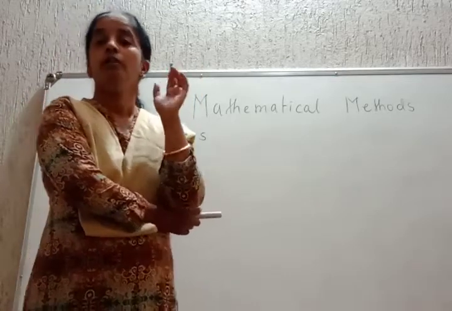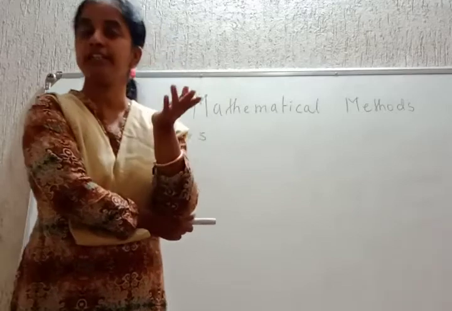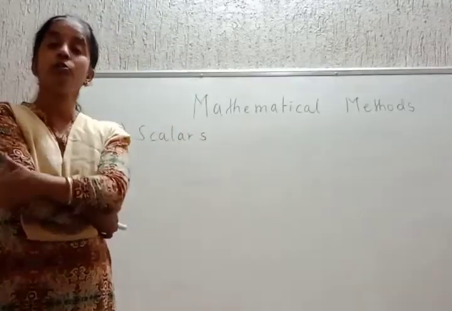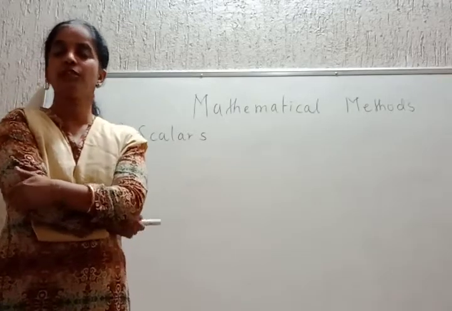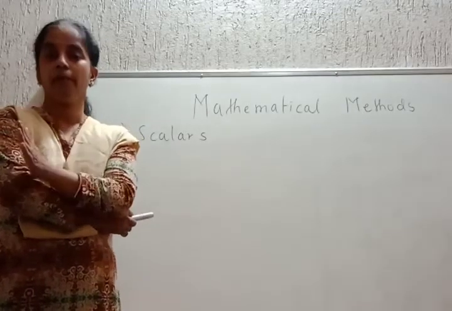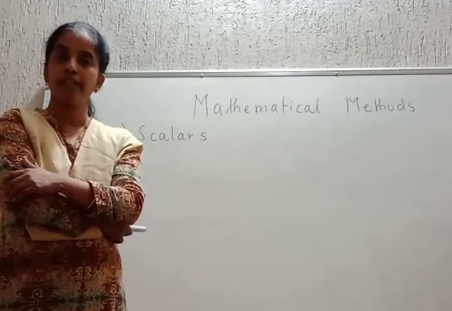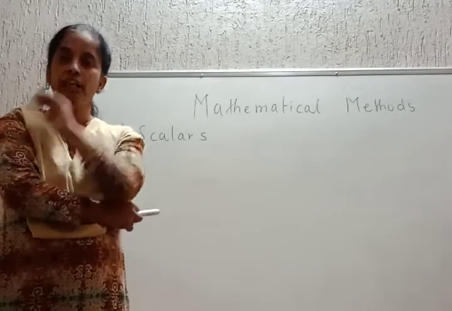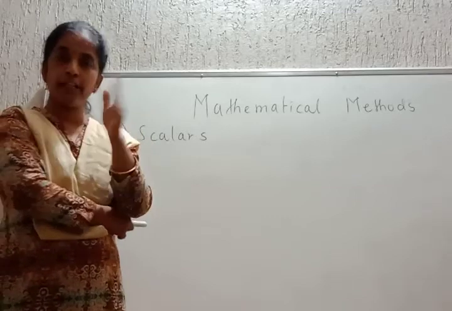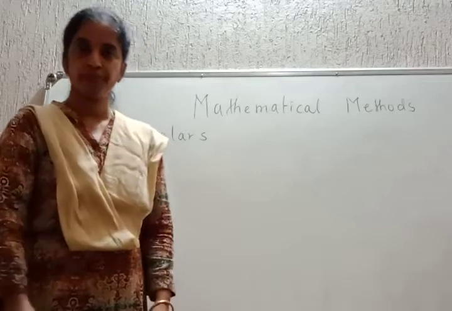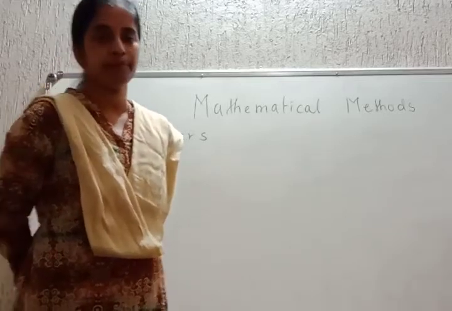Third, scalar quantities can be added or subtracted by using simple rules of algebra. Students, how? A plus B is equal to B plus A. Okay, one thing. A plus B plus C is equal to A plus B plus C. Change the position of the brackets. That is called simple rules of algebra.